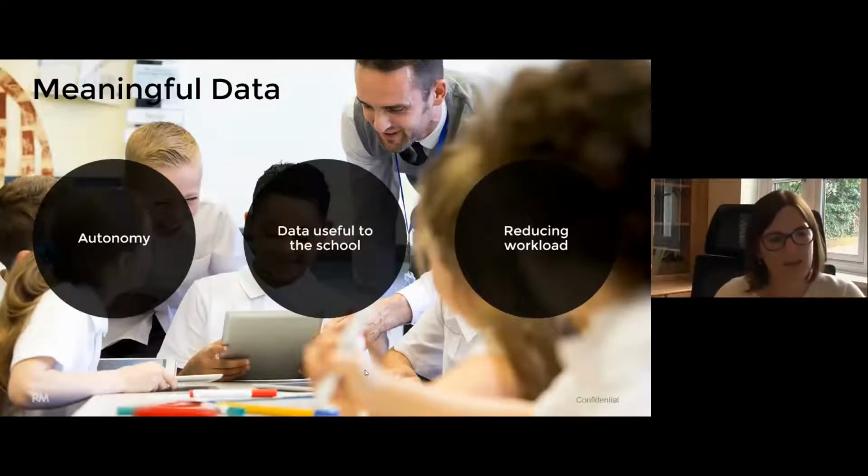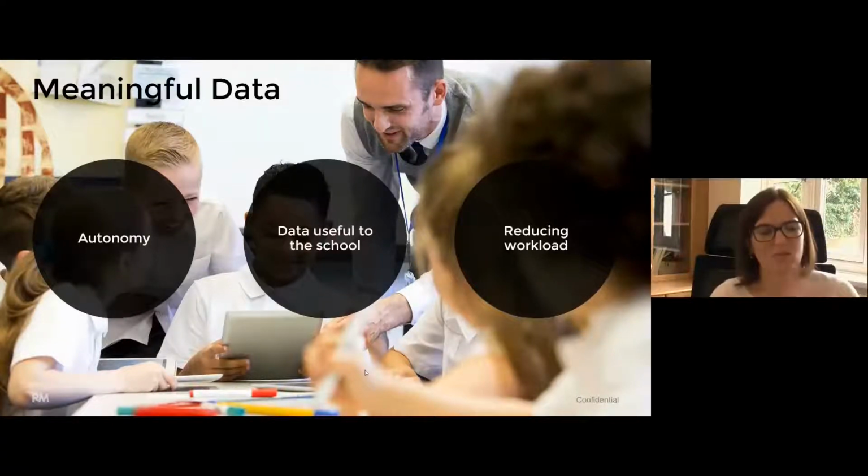The other thing that is very key in all of this is the need to reduce workload. We've all probably read the documents about that and how it's meant to be reducing workload across all of the stakeholders within the school. And this whole autonomy, and whether the data is useful for the schools, fits in really well with reducing workload.